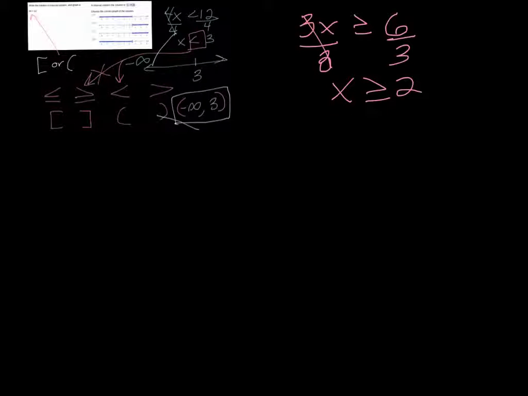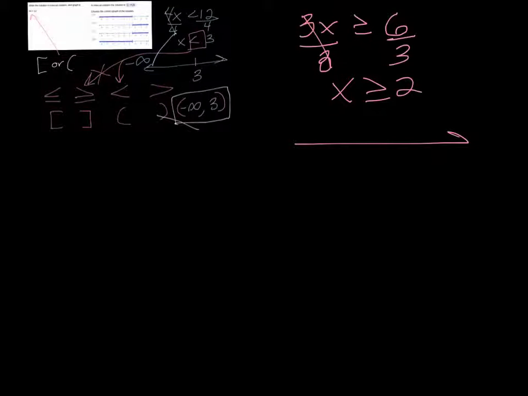Okay, now if I had another problem, let's say I had 3x is greater than or equal to 6. Well, if we solve this again, we divide by 3, and we get x is greater than or equal to 2.